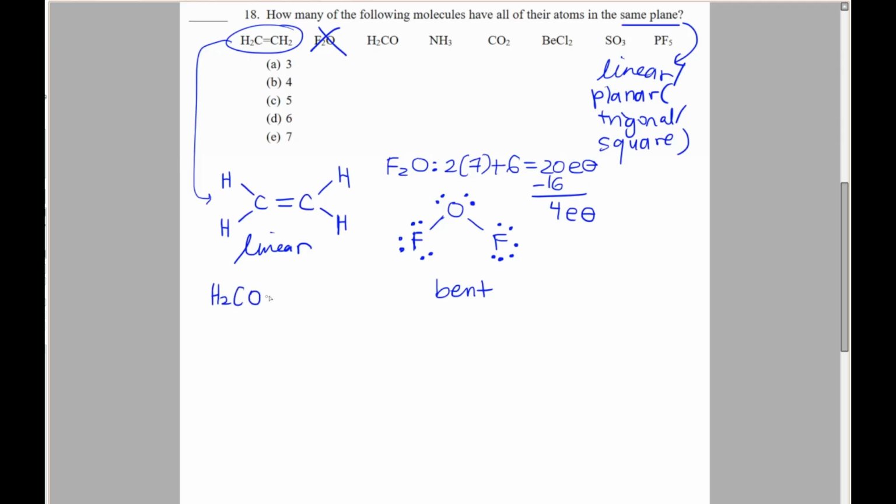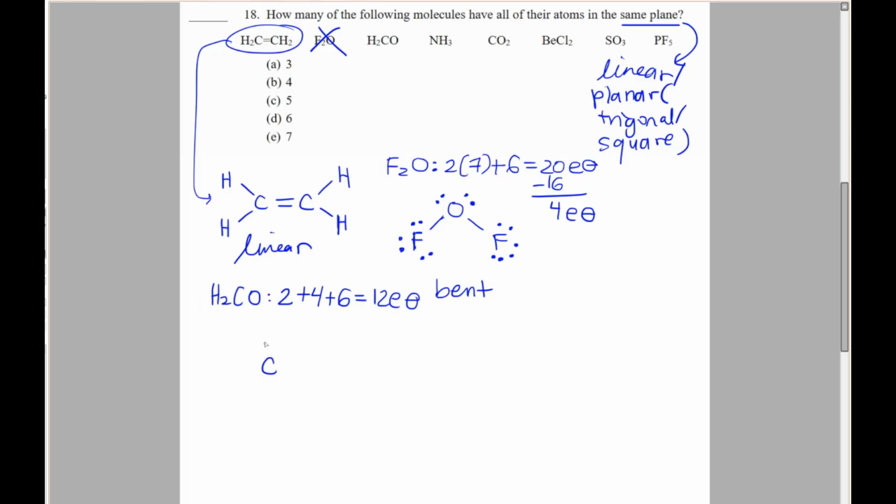So H2CO, hydrogens have 1 electron or valence electron each. Carbon has 4, oxygen has 6. So if we add all of these together, we have 6 plus 6 is 12 electrons total. And we know that carbon is going to be our central atom most of the time because, well, oxygen is very electronegative and hydrogen will never be our central atom since it can only form 1 bond.